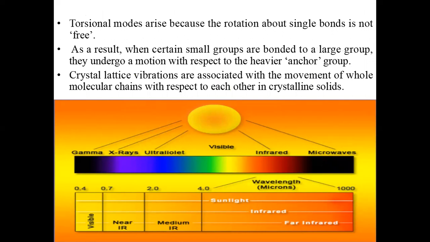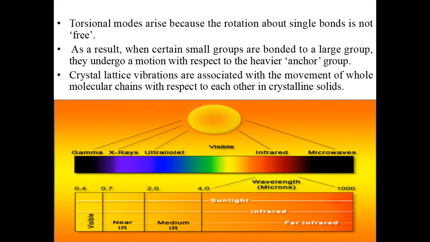As a result, when certain small groups are bonded to a large group, they undergo a motion with respect to the heavier anchor group. Crystal lattice vibrations are associated with the movement of whole molecular chains with respect to each other in crystalline solids.